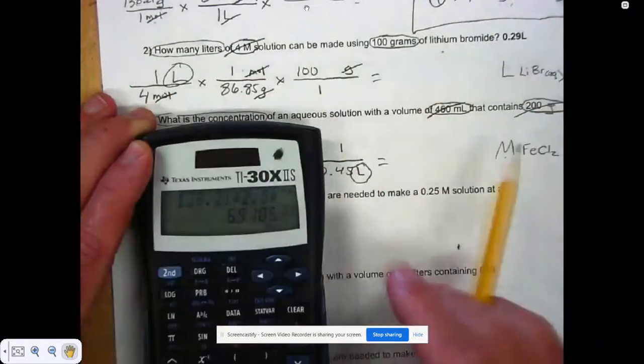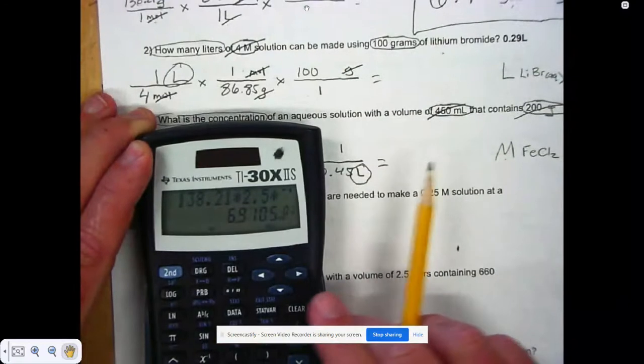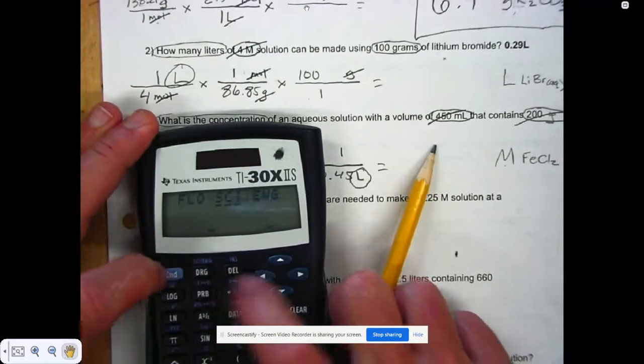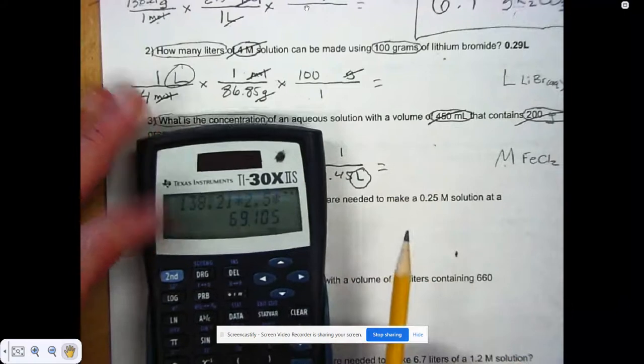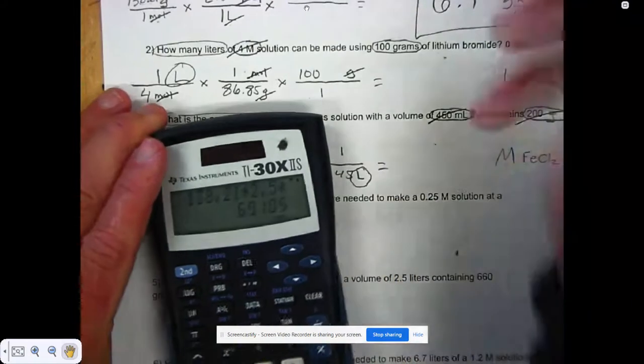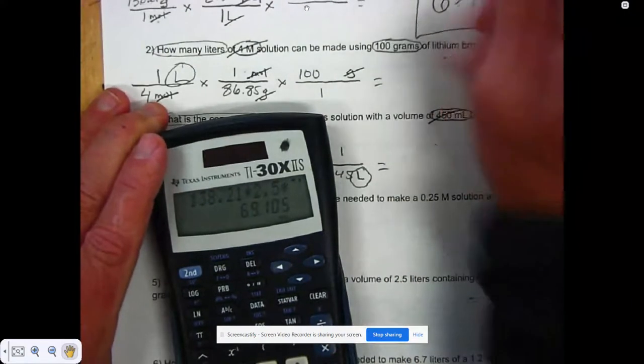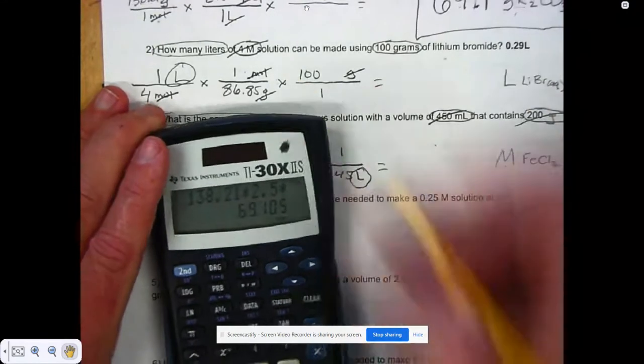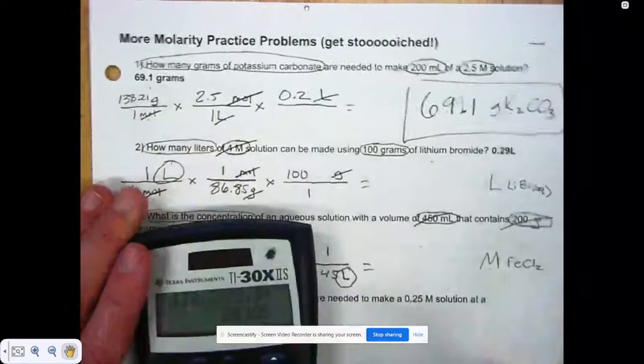Whoa. Oh, it's in scientific notation. Bummer. So 69.1 grams, which is what our answer is. Yeah?